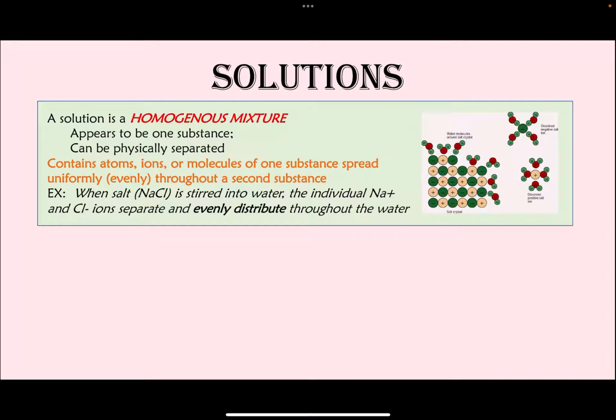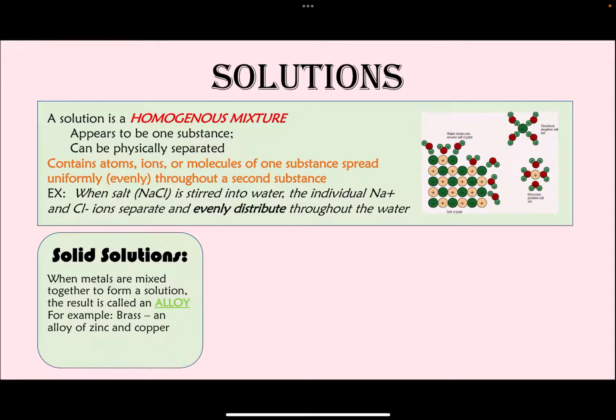The positively and negatively charged sodium and chloride ions are then attracted to the positive and negative ends, or more specifically, the partial positive and partial negative ends of the water molecule. They form what we call ion-molecule attractions, and that's how sodium chloride dissolves in water.